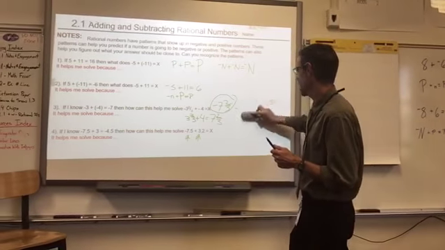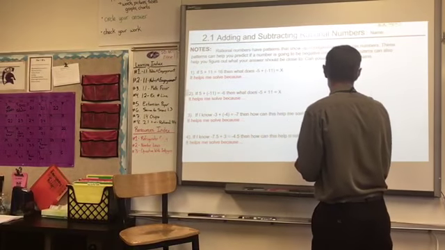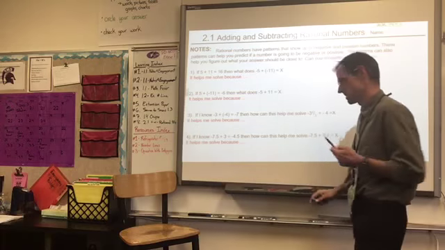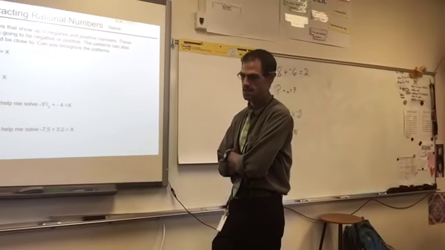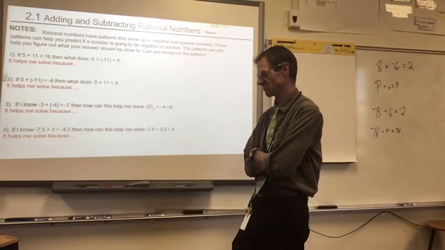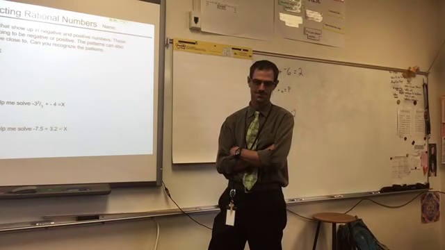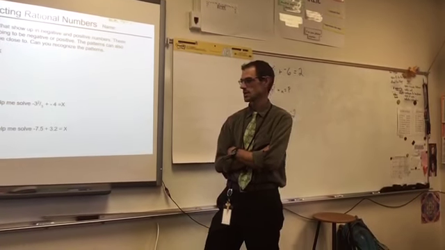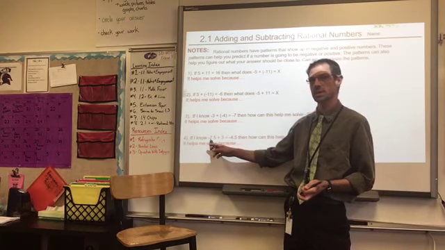Okay, last one. Talk to your partner about number 4. Okay, so here we're going to have a negative number because our greatest absolute value is negative 7.5.